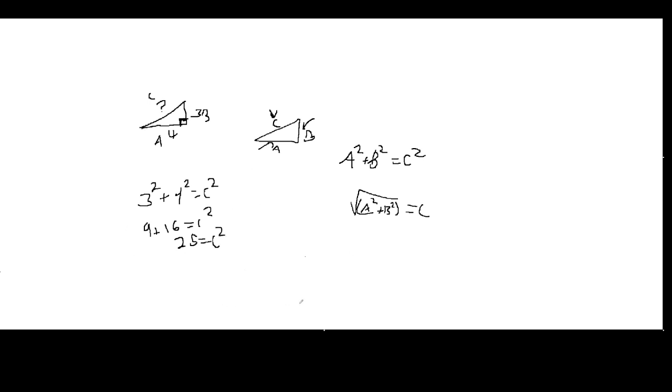And we're almost there, but we still have this pesky little squared. So what you gotta do is square root it, right? So if we square root both sides, we get rid of the squared, and we get C equals 5. And if you look up this example, it'll tell you this is a real right triangle that exists. So yeah, this is our answer.